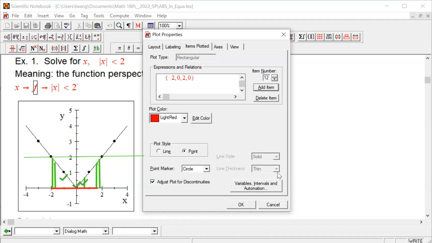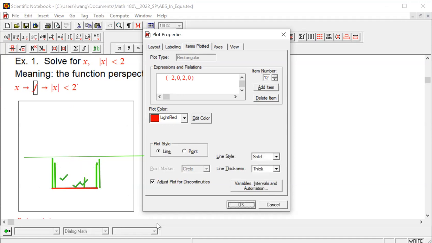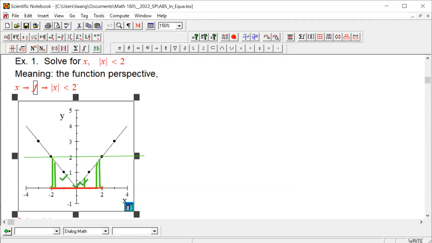All of these inputs have outputs that will be less than 2.